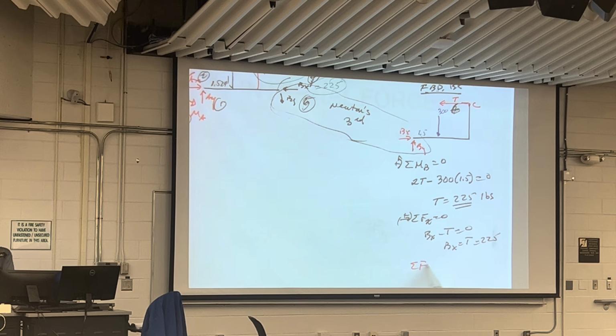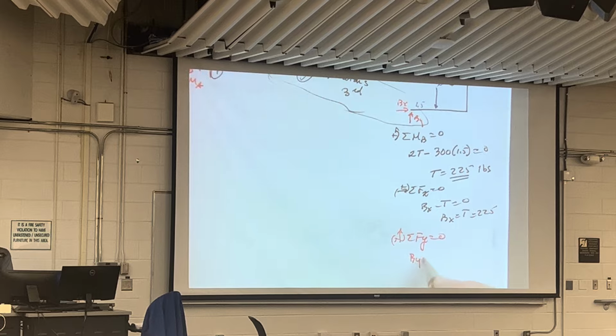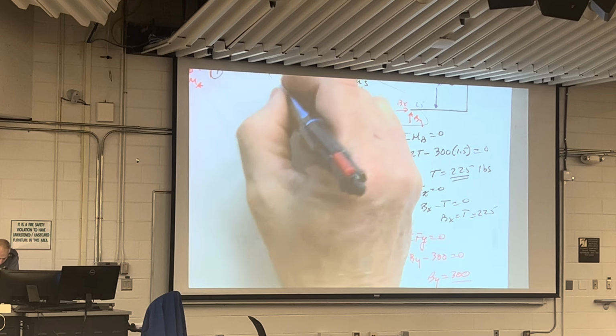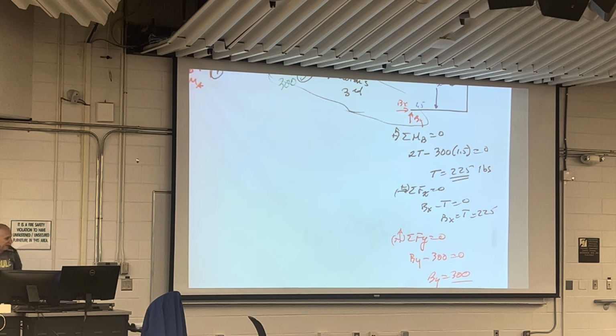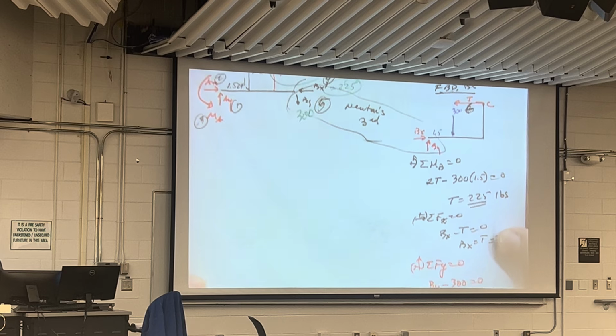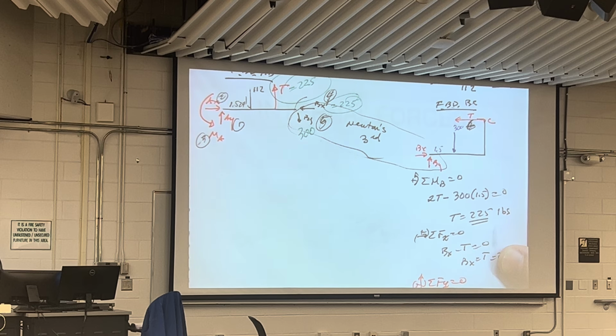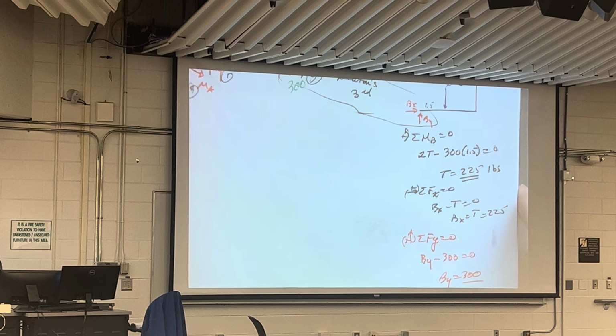I sum forces in the y equals 0, positive up. That says by minus 300 equals 0, or by equals 300. That tells me this is 300. Again, the green for me is telling me that those numbers are not from free body diagram AB.